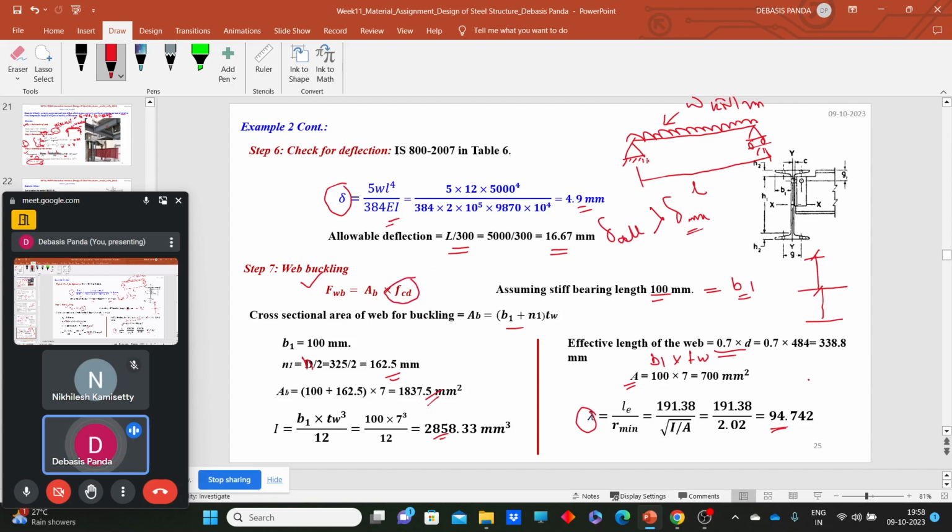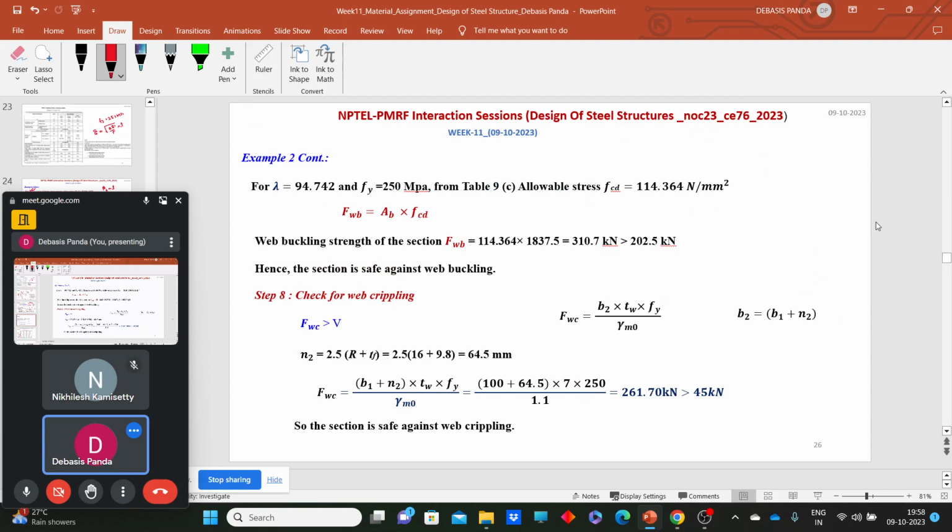We need to calculate the value of FCD, the design compressive strength. So we have calculated the FCD value here. For this we need to consider Table 9C.